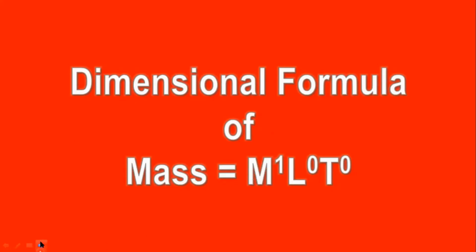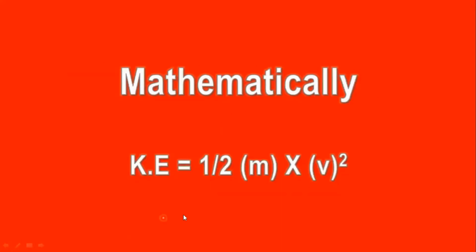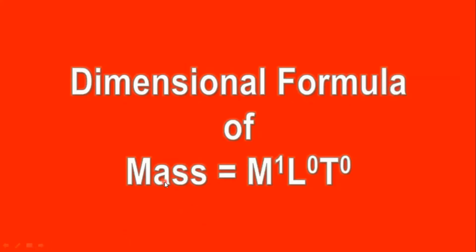We will have to keep this formula all the time in mind, half m into v square. Here we are putting the formula just to find out the dimension. First we are talking about the mass, this m, whose dimension is M1 L0 T0.